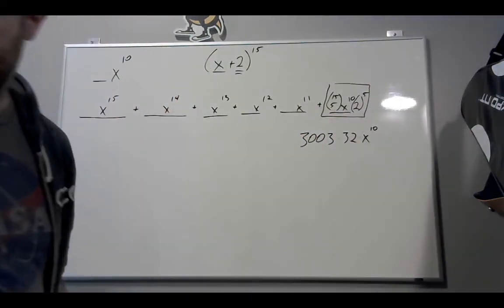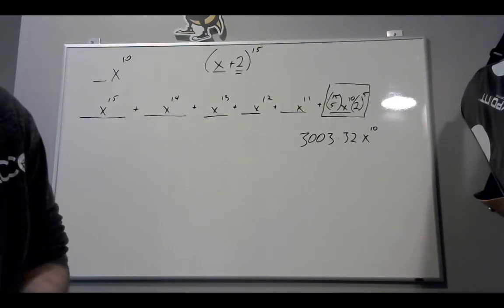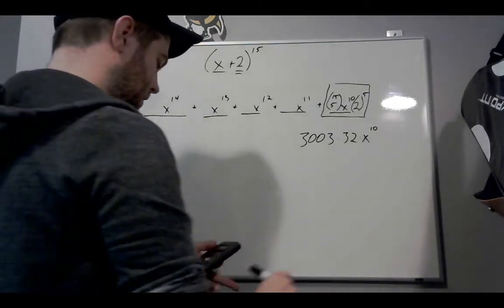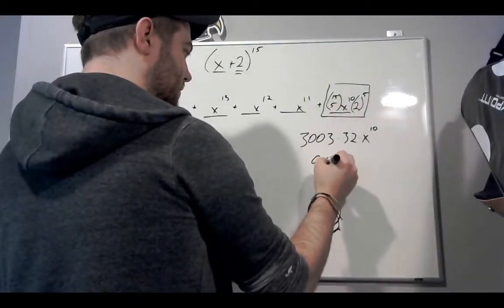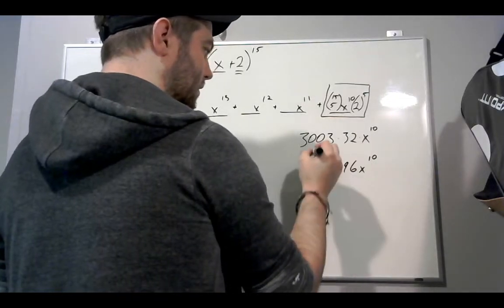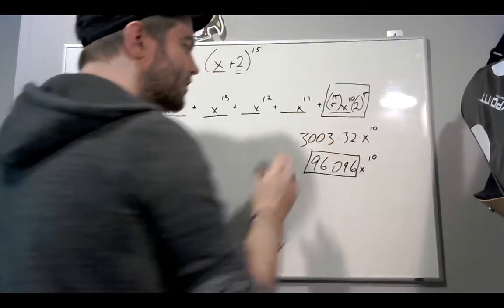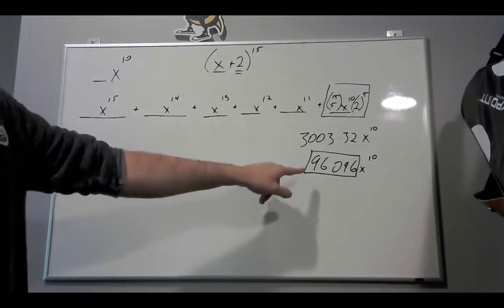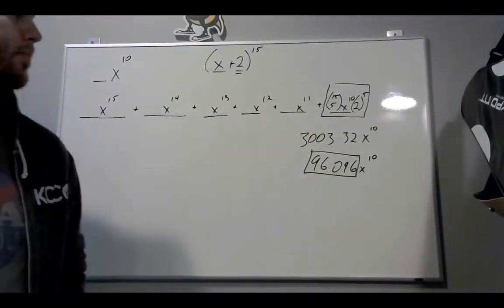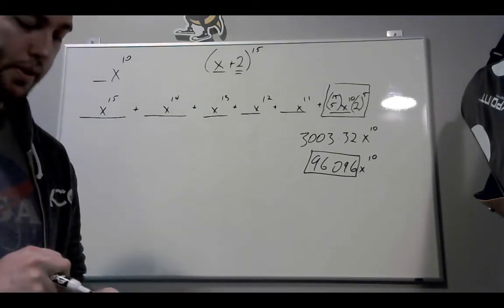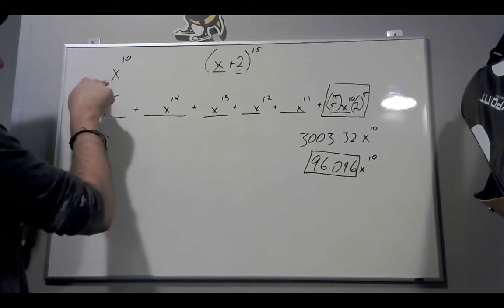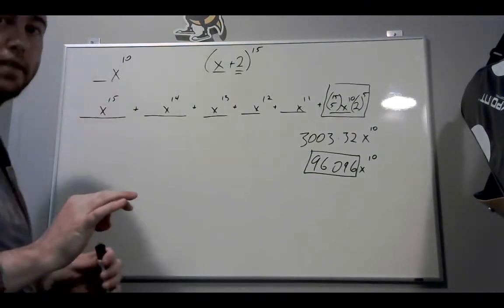So 3003 times 32 gives me 96,096 x to the 10th. So my coefficient that they want is that 96,096. So again, to repeat what we just did, they asked us for the x to the 10th coefficient.